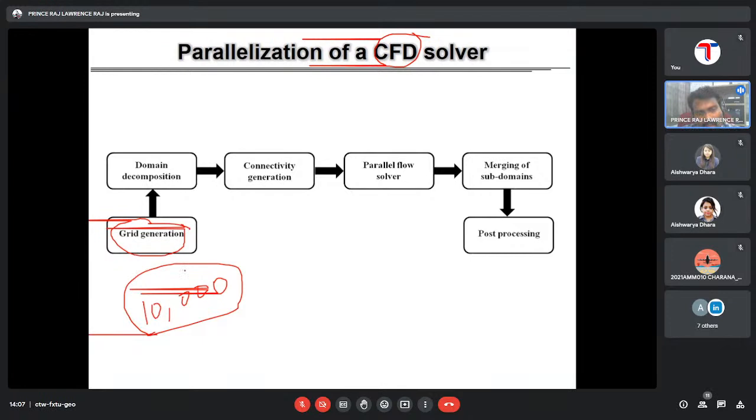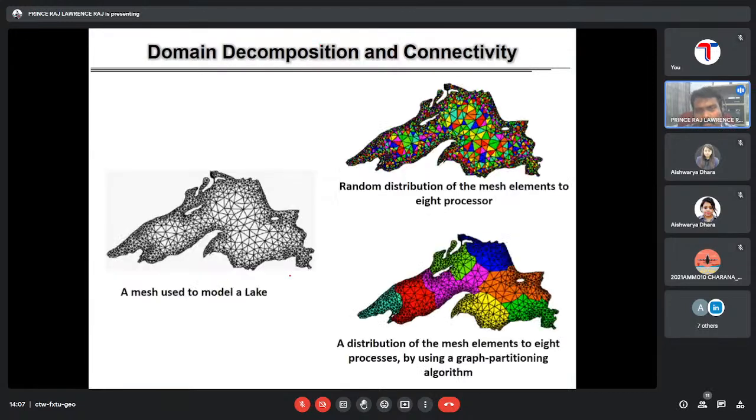So what we have to do, I cannot run in a single processor. I want to split the case into different processors. For example, this model I'm talking about is a lake. This lake is very big, and we are really interested in studying the mixing of some unwanted components.